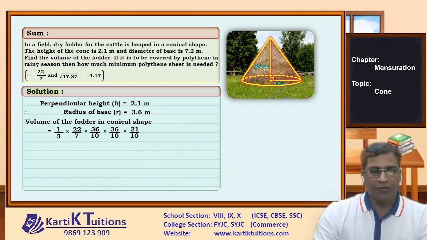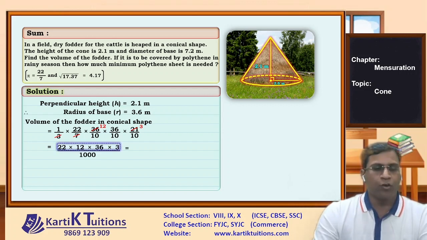Now see, we can simplify this. 3 ones are 3, 12s are. Then 7 ones are 7, threes are. So basically डिनोमिनेटर में अपने को आया 10 into 10 into 10, that will give us 1000.